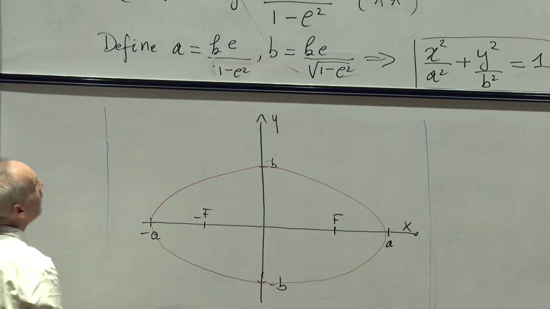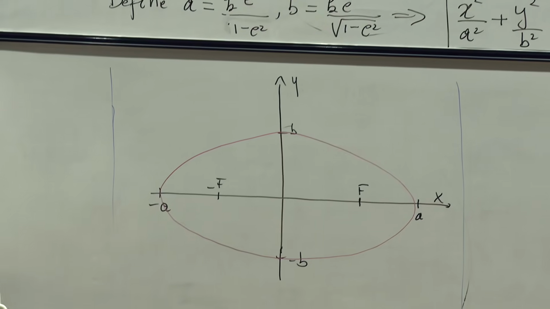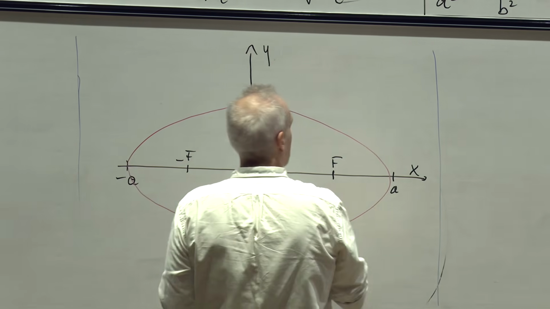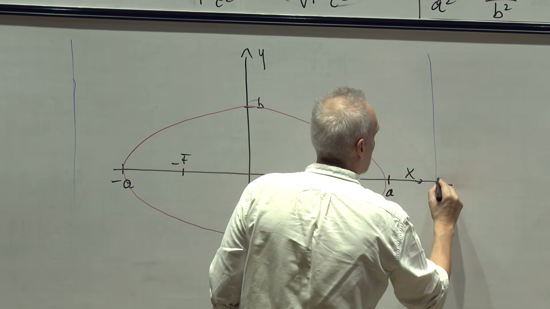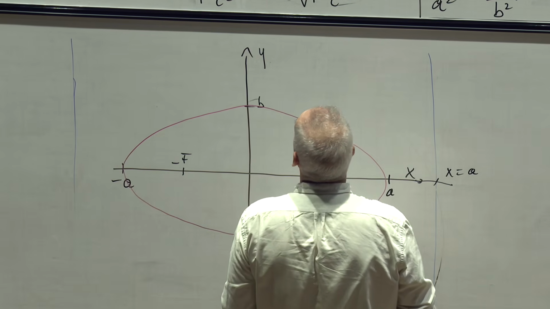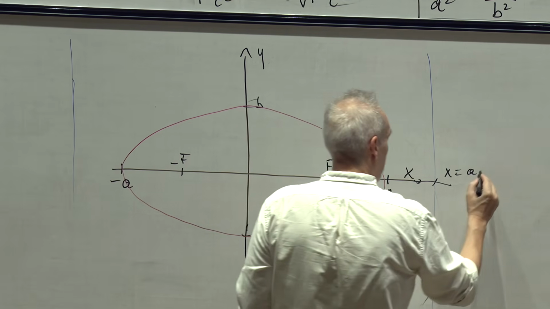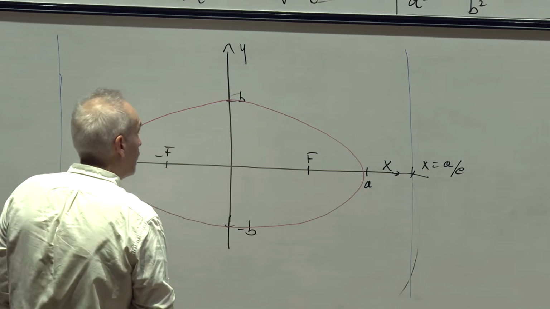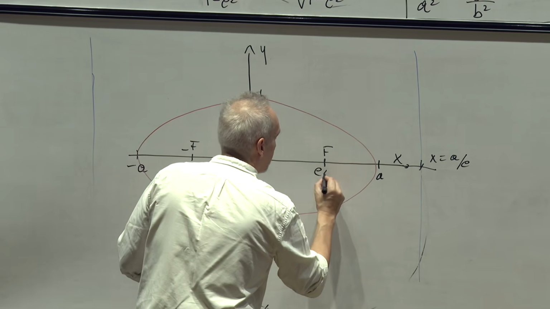So the directrix here is x equals a over e. That's where the directrix is. And the focus here is e times a.